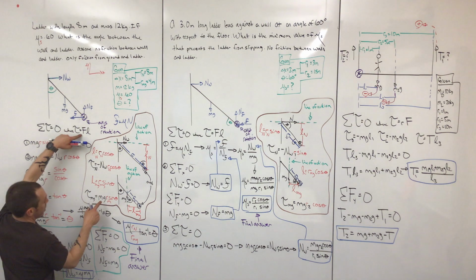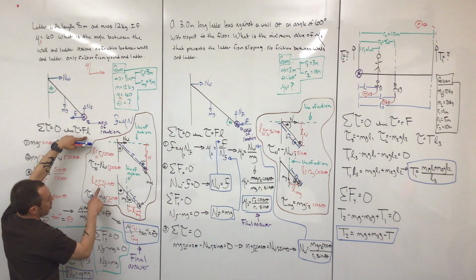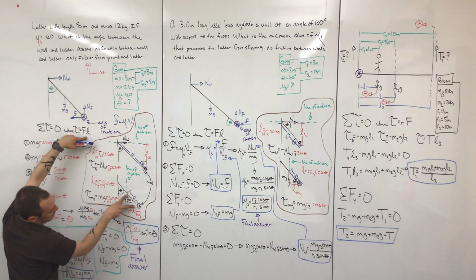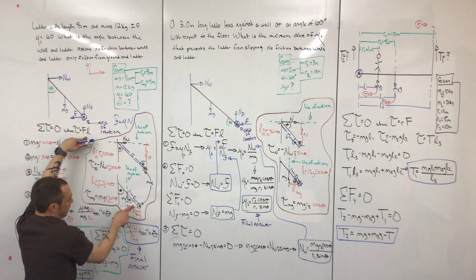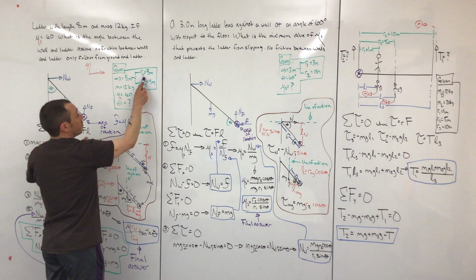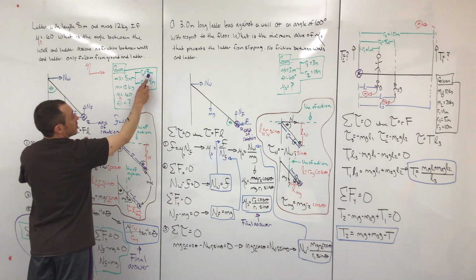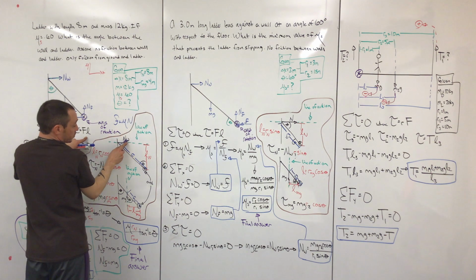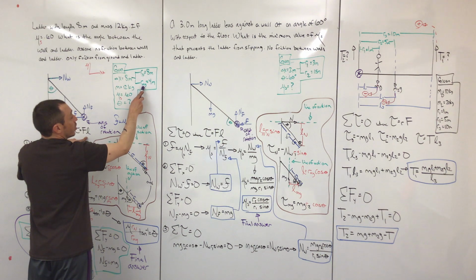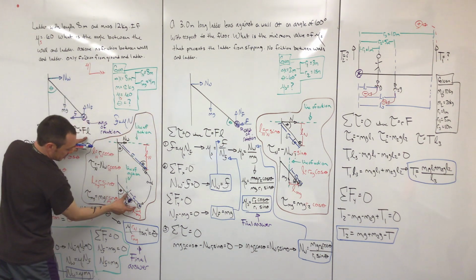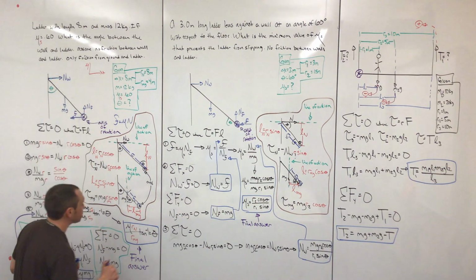And then the force, which is mg, and then the lever arm, which is r, this r, which is half the distance. Remember, r is half the distance. We put mg in the center of the ladder, so r is going to be half the distance. So if the full length of the ladder is 8 meters, then that's going to be the r for the normal of the wall, where the r for the mg is going to be half of that because it's only half the length of the ladder.